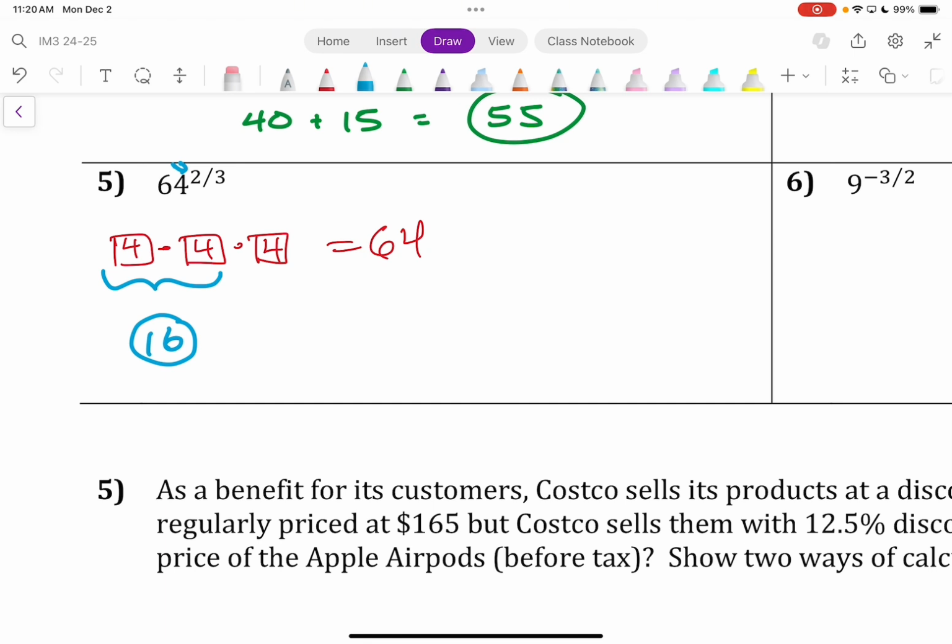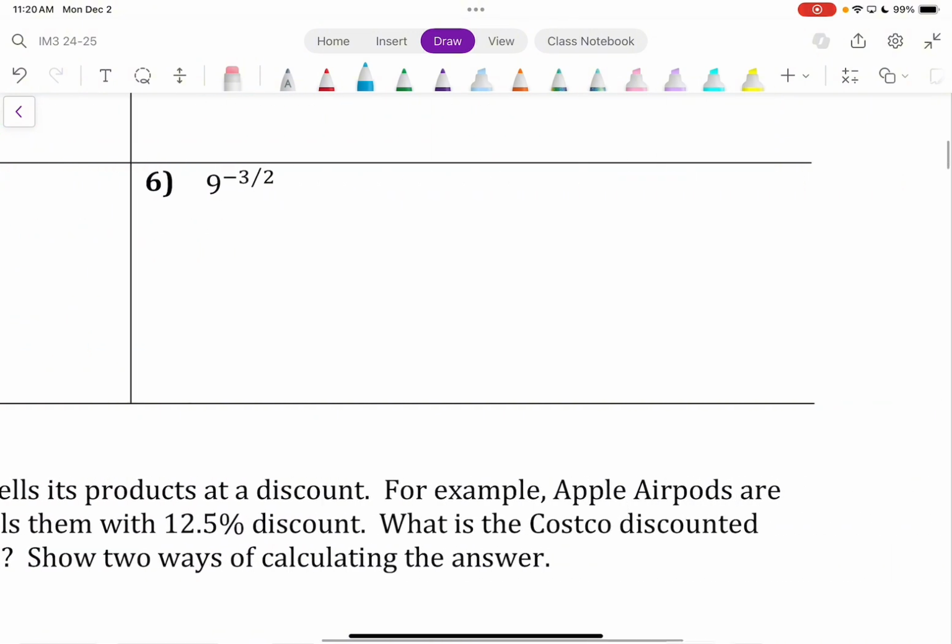And let's finish up with number 6. 9 to the negative 3 halves power. We're going to combine a bit of fractional exponents and negative exponents here. First things first, I need to get rid of that negative exponent. So 9 to the negative 3 halves will become 1 over 9 to the 3 halves.